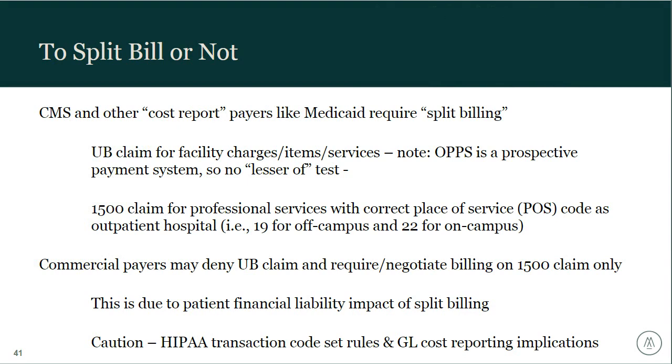Yeah, absolutely. And we have some considerations here up on the screen, especially for the critical access folks who may be on the line. When we see a lot of split bill questions come up, one of the important considerations to remember is when you're split billing and you have that UB04 and the 1500, or you global bill only on the 1500, make sure that the sum of the charges between the two are consistent.